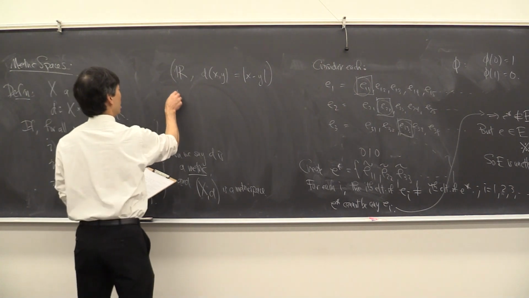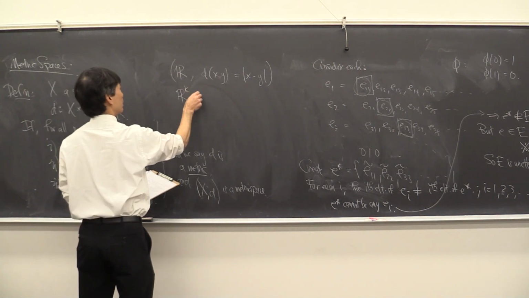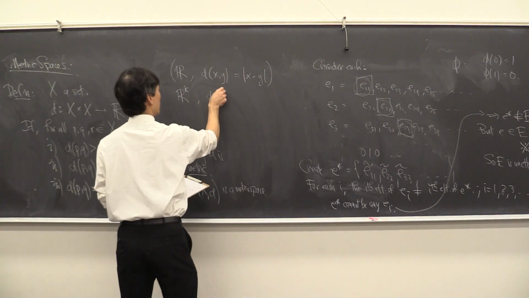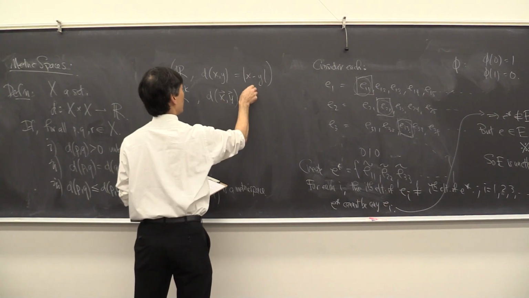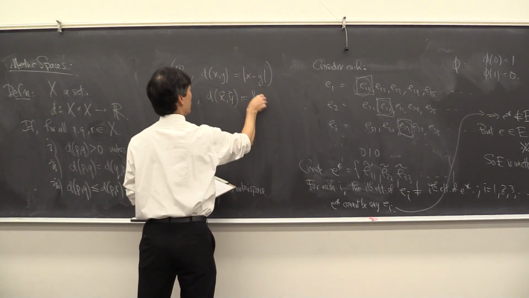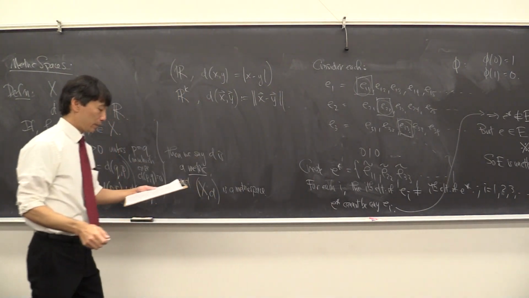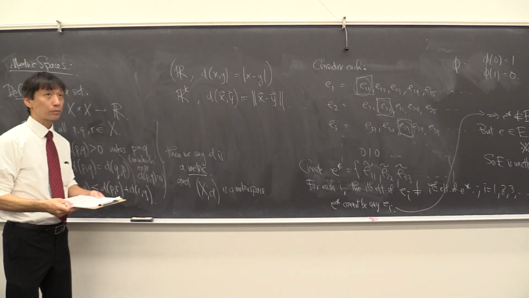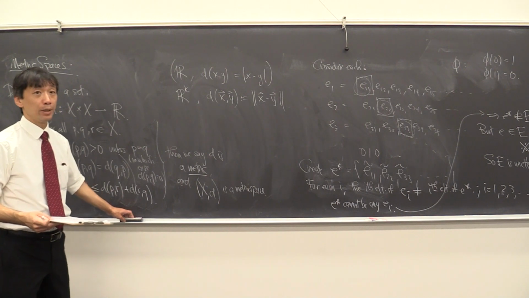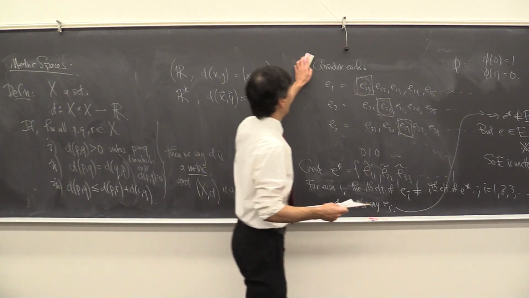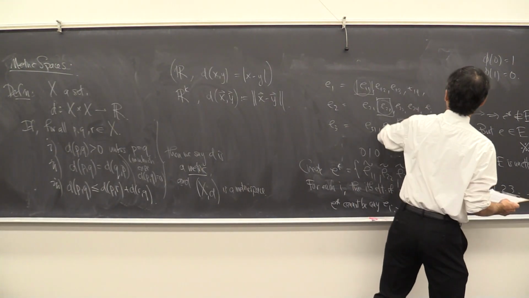Another is R^k, where the distance between two vectors is the magnitude of the difference of the vectors. And those are your standard metric spaces.